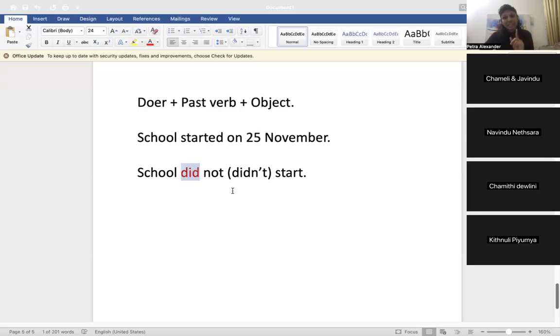For the negative we use did not. In positive sentences we use the past verb, but when we use did in negative, we use the base verb. Let's remember, we don't say we did not went. We say we did not go.